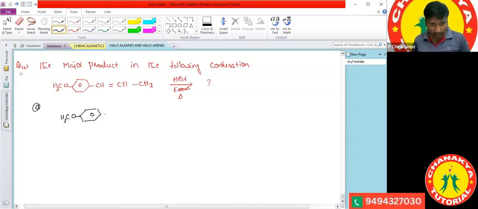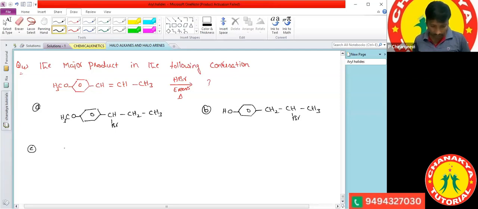O bond CH3 bond CH bond beta bond CH2 bond CH3. Option B. What is option B here? OH bond CH2 bond CH3. Option C.